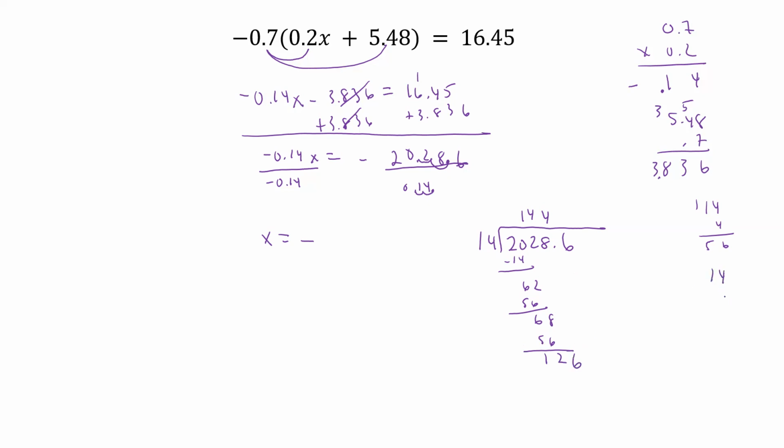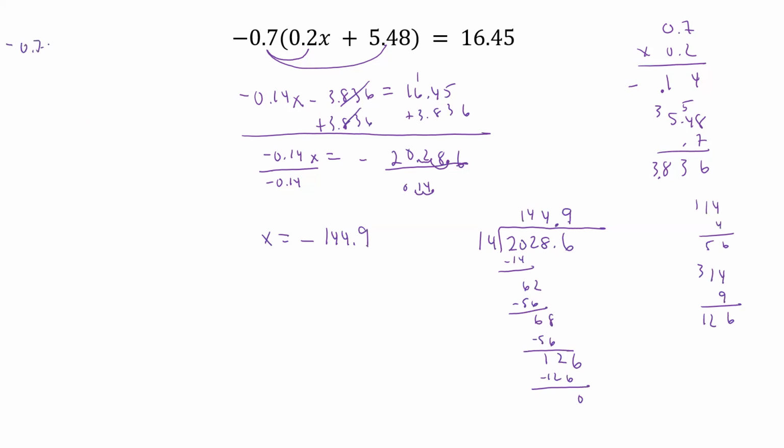And 14 times 9 is going to be 126. Now I'll put my point there, and 9. So that's 0 after I subtract it. And so that should be my answer, negative 144.9.